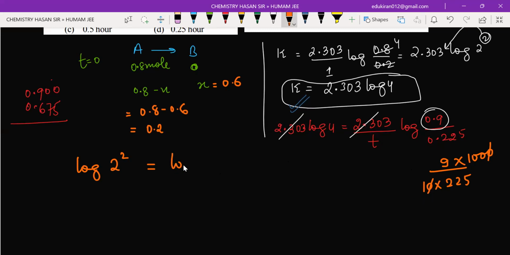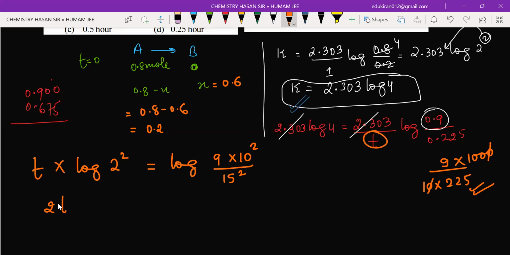Yes. So I can write log 9 into 10 raised to the power 2 upon 15 raised to the power 2. Can I write? Because 15 squared is 225, yes or no? Yes. And t is also there, that I'm going to send here, so t will be in multiplication here.